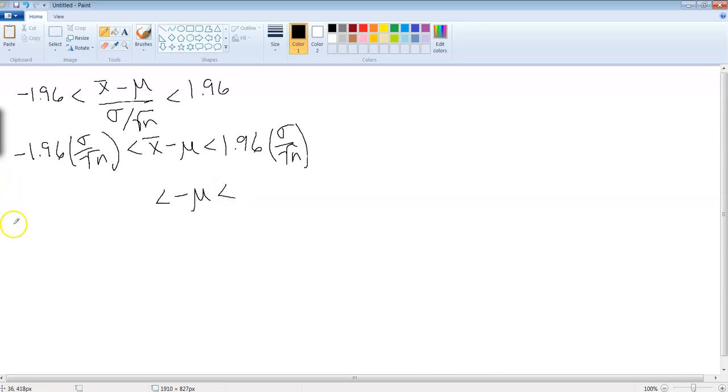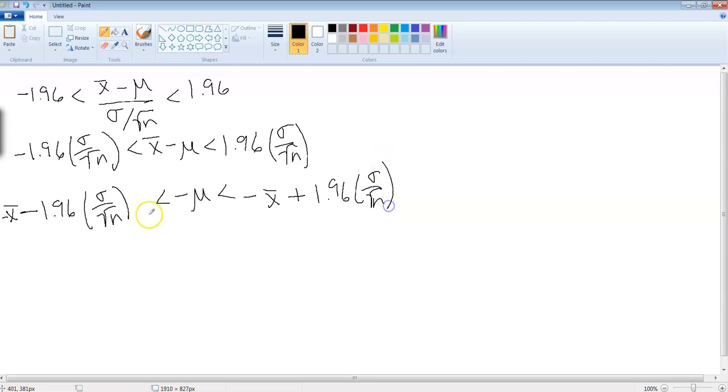And if I subtract it on the left side, I get negative x bar minus 1.96 times sigma over the square root of n. And on the right, it's negative x bar plus 1.96 times sigma over the square root of n. And so now I want rid of this negative. I want to get mu by itself.